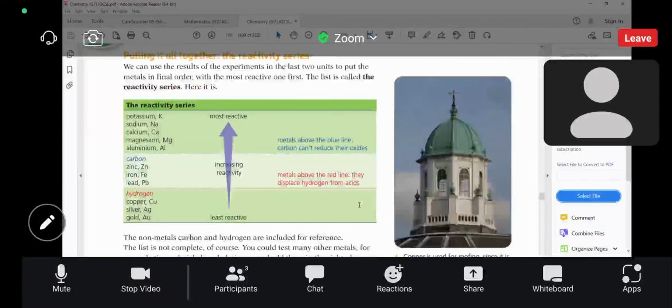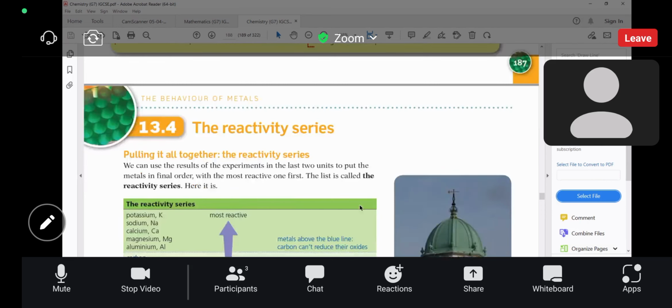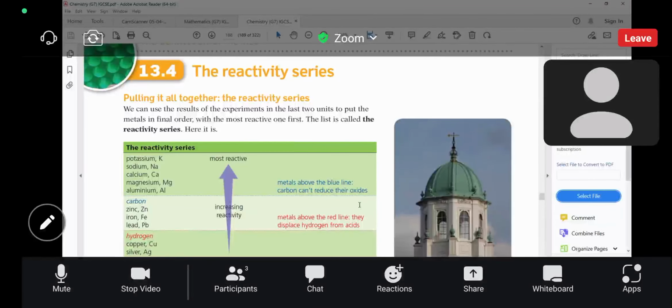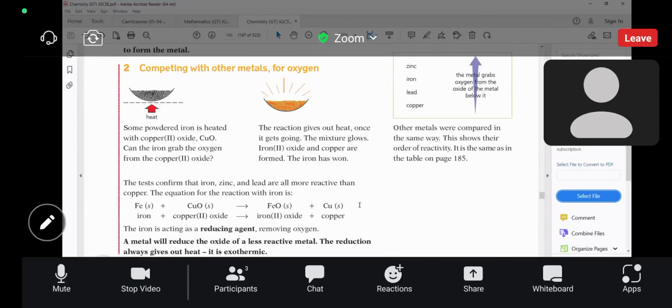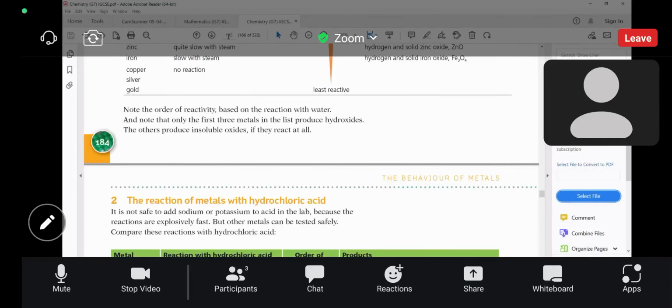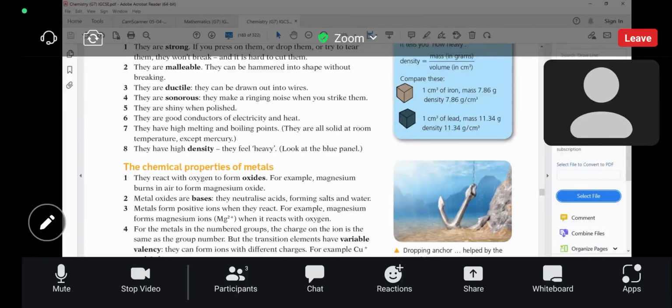Do you have any test on that chapter? The last question. Okay, I'll try to teach that. What is the page number? Page number 163.